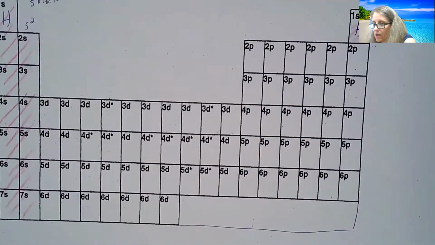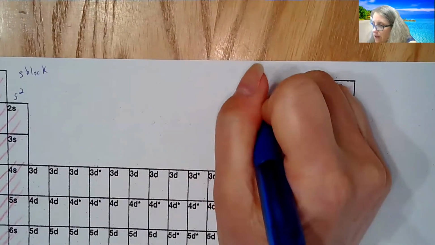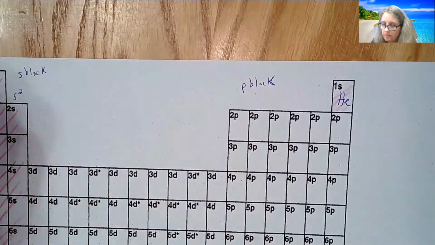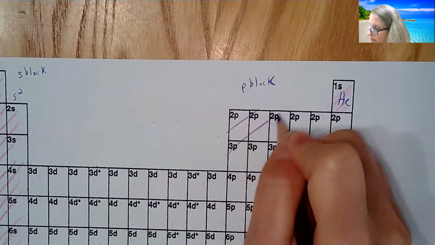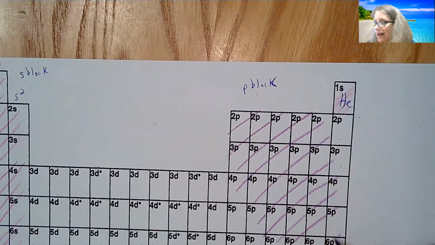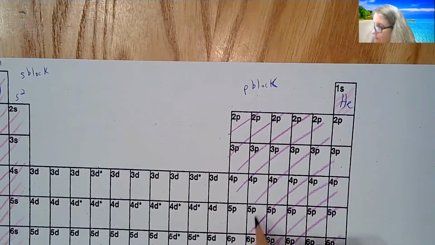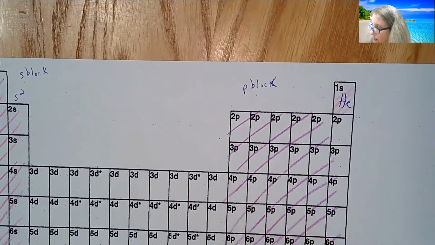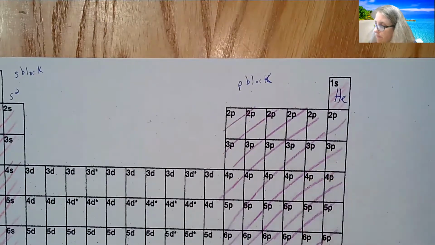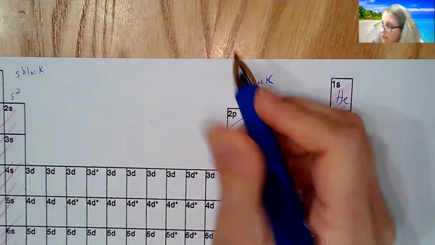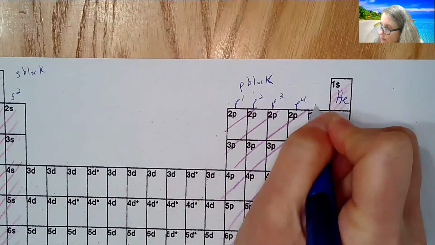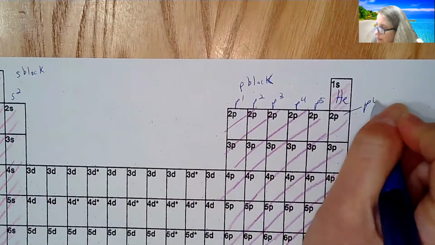Then I have what we call the P block, so that's over here on the right, okay. So pick a different color and color in the last 6 columns on the periodic table. And we're going to label each column P1, P2, P3, P4, P5, and P6.